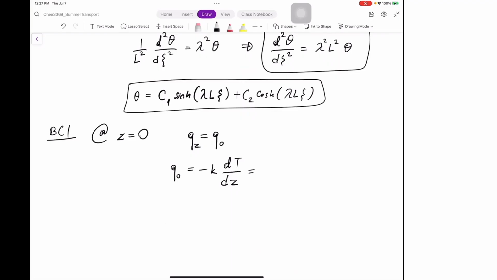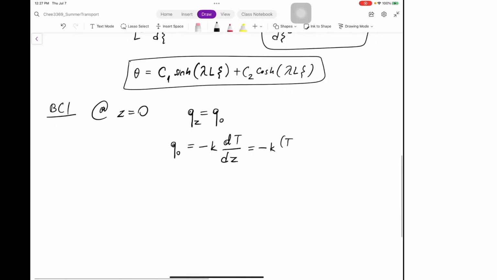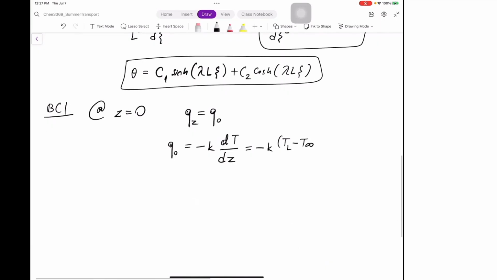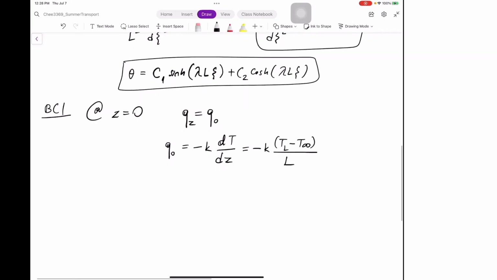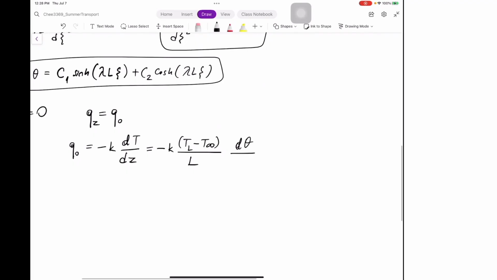In the dimensionless quantities, you can multiply and divide by TL minus T infinity. So Q is negative K times TL minus T infinity divided by L, times d theta over d psi.